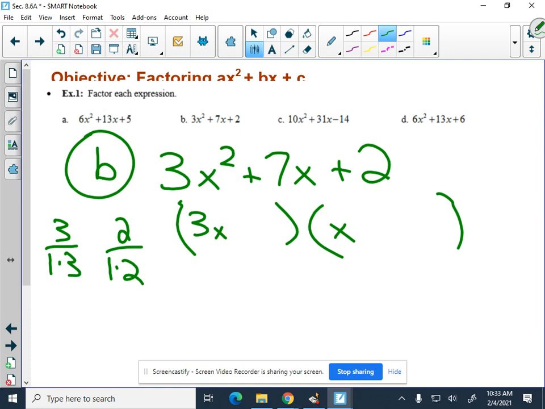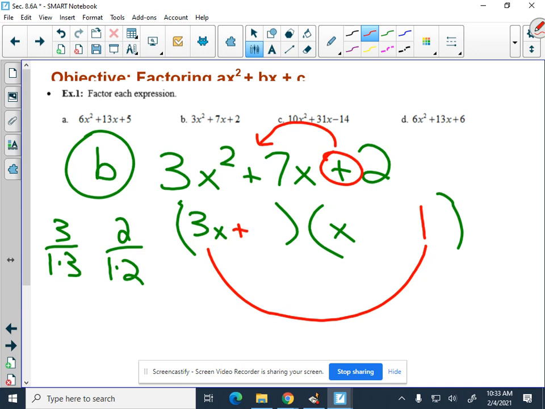So, some of you may already see the answer, but whatever I put here gets multiplied by 3. Since it's positive, they're going to add. They're both going to be positive. Whenever it's both positive in the problem, it's going to both be positive in their answer, in the solution. That's a nice thing to remember, both positive. But that 1 times 3x is a positive 3x. Then over here, if I put the 1 here, I have to put the 2 here, and that's going to be positive 2x.